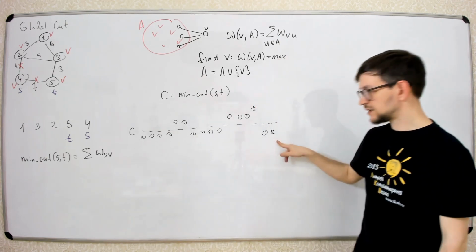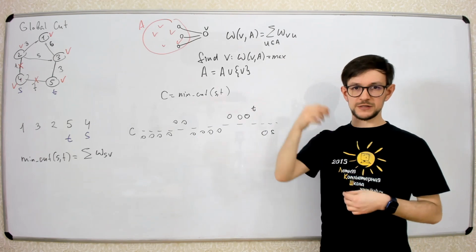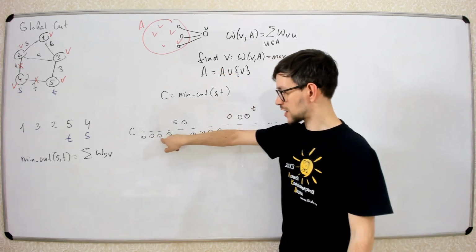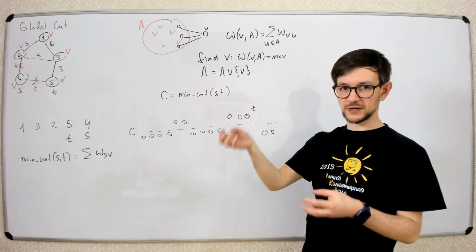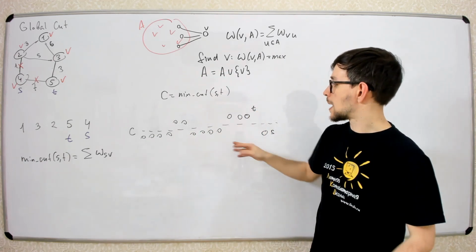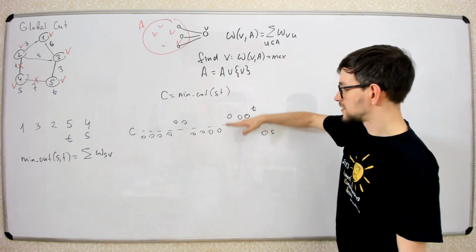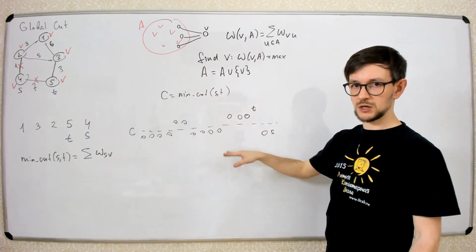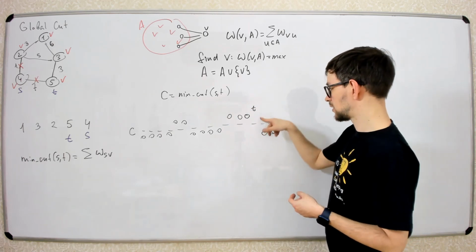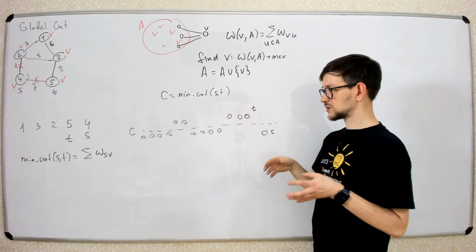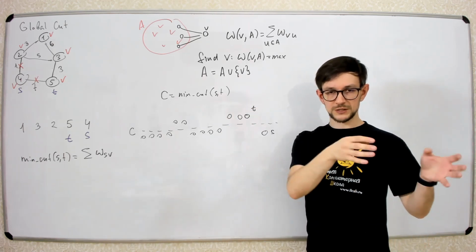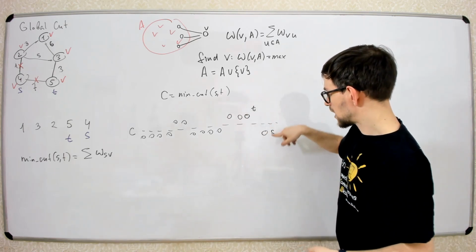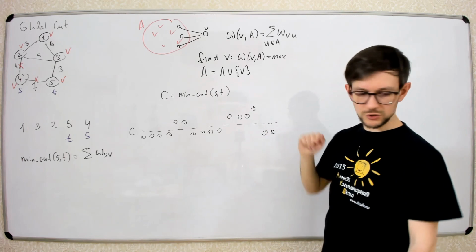From left to right is the order in which I added these nodes to my set A. If I pick the first node, then each time I pick the node which is mostly connected to the previous ones. Now, above this line is the first set, below this line is the second set. Again, this cut between S and T splits all the nodes into two sets, like one connected component and the other component. S belongs to this component, T belongs to this one.